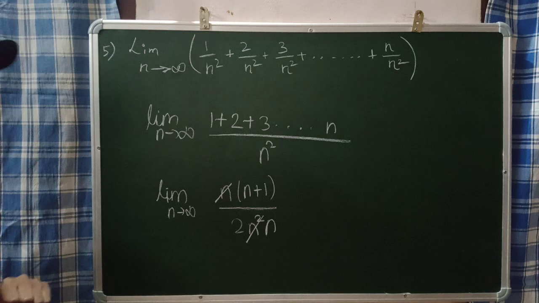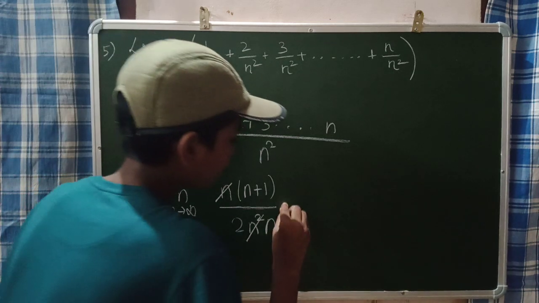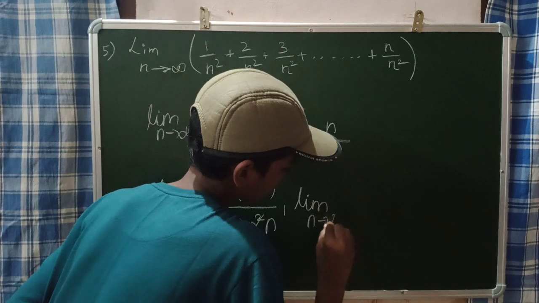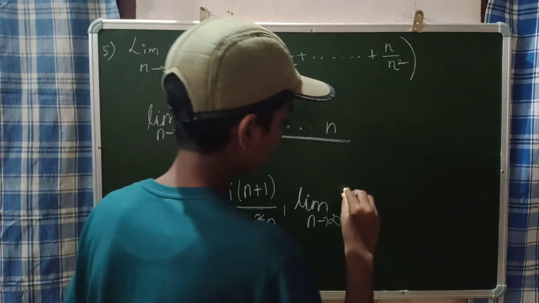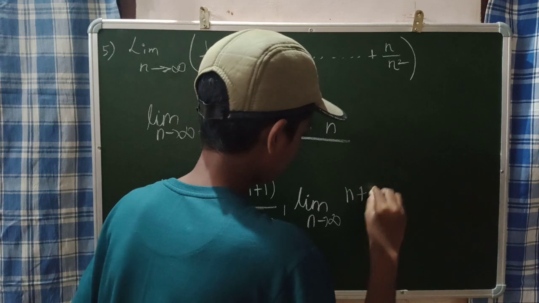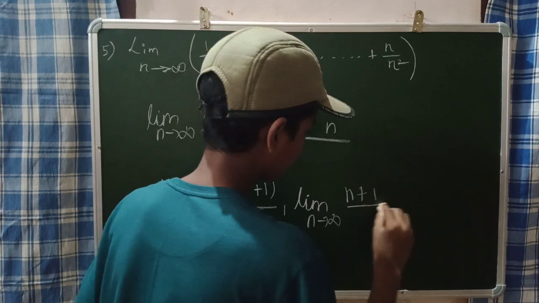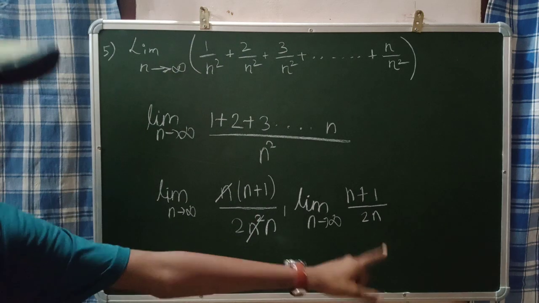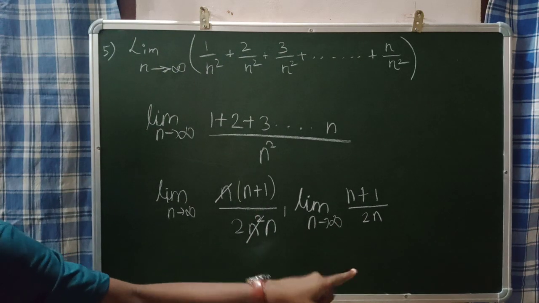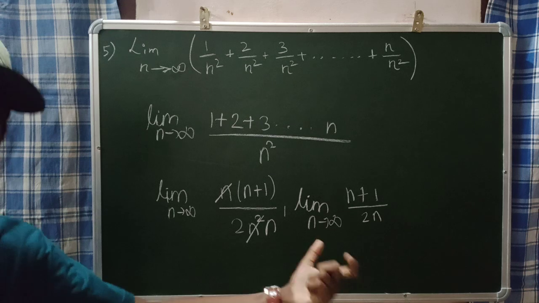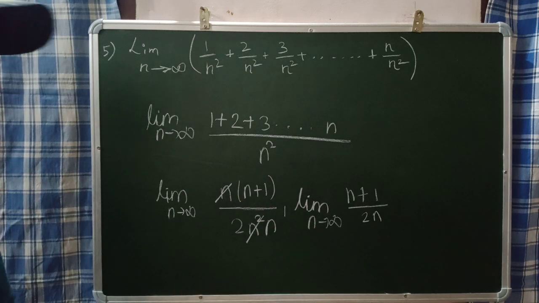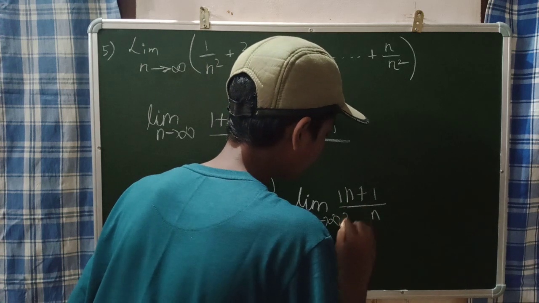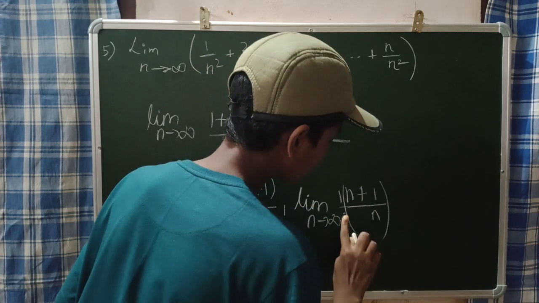Now listen carefully, guys. This can be written as limit of n tends to infinity of n plus 1 divided by 2n. Now I am going to take this 2 outside. In the denominator I am having 2, right? When I take the 2 outside, I will get it as 1 by 2 into this value. Why is it 1 by 2?